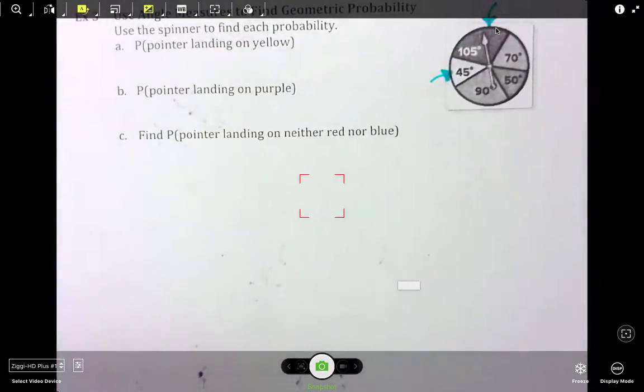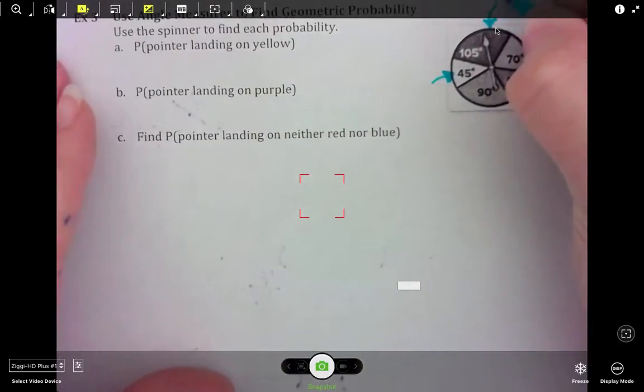Give me just a second. I'm going to look in your book. Okay, yep. 105 is the purple.